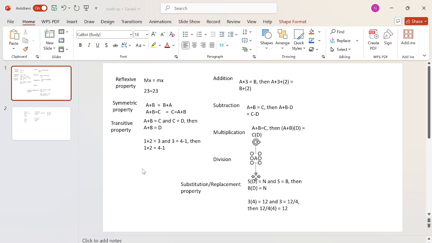Okay, let's just make it A plus B. Okay, if A plus B equals C, then A plus B over 3 equals C over D. No, over 3.